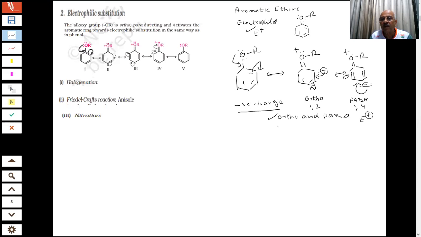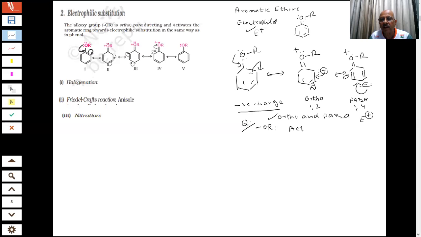Therefore, we can say that for the OR group, the question is: what type of group is OR? Is it an activator or a deactivator? Is it increasing the rate of the reaction or decreasing it? And at which positions are the electrophiles going to attach? They will attach at ortho and para, and this will activate.